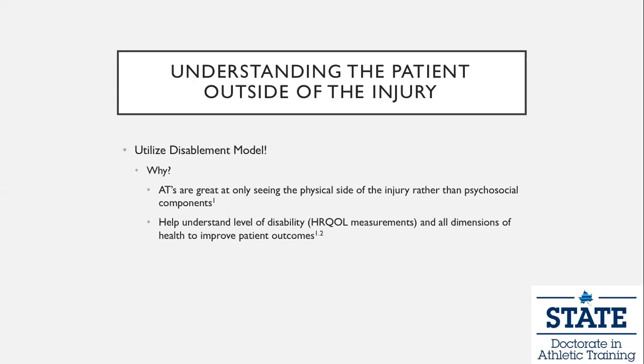So why? Like it says here, athletic trainers are great at only seeing the physical side of an injury rather than psychosocial components. It helps understand the level of disability by looking at health-related quality of life measurements, and it helps look at all dimensions to help improve patient outcomes.